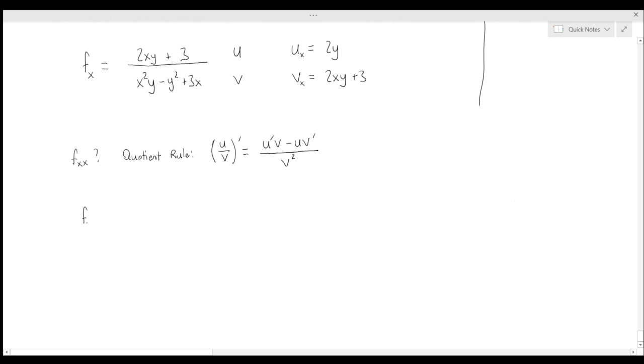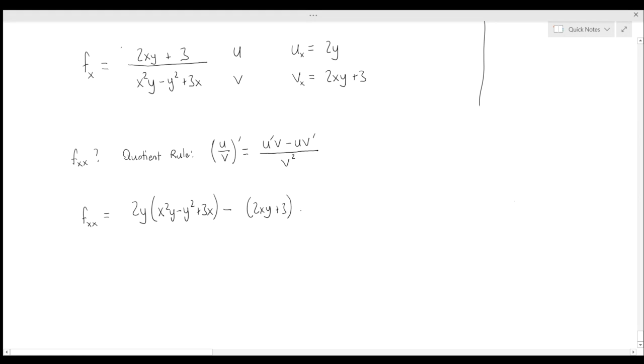I'm going to plug everything into the quotient rule now to get fxx. ux would be the u prime, and vx would be v prime. So I'm going to have my u prime times v, minus u times v prime.